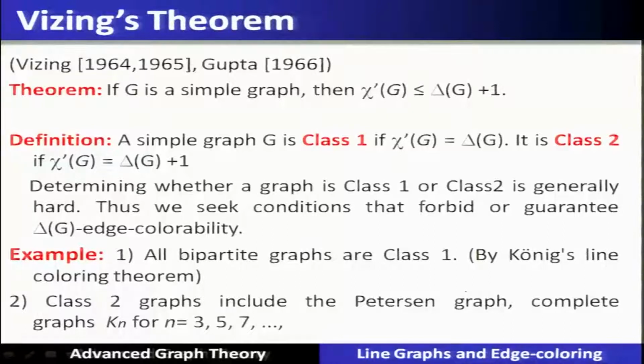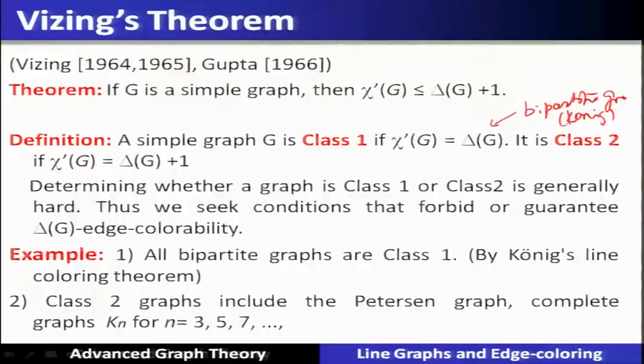With this we include the definition: a simple graph G is class 1 if chi prime G is equal to big delta. It is called class 2 if chi prime G is equal to big delta G plus 1. The example here is a bipartite graph, by Koenig's theorem.